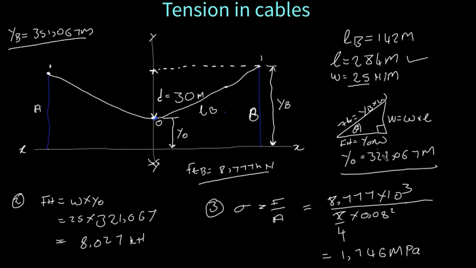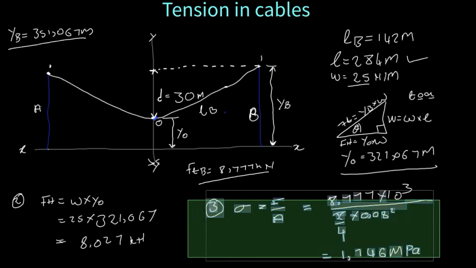Question number 4, they say the slope of the cable at point B. We are looking for this angle now. We can use tan theta, meaning we're going to use opposite and adjacent. Opposite is this side, and adjacent is this side.